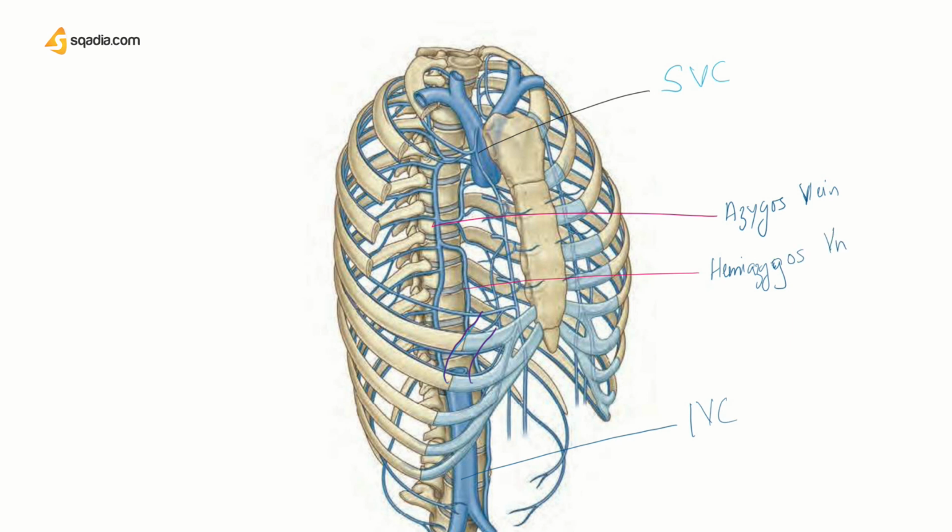And this over here is the accessory hemiazygous vein. Okay? So these are the 5 most important veins that everything else will be centered around.